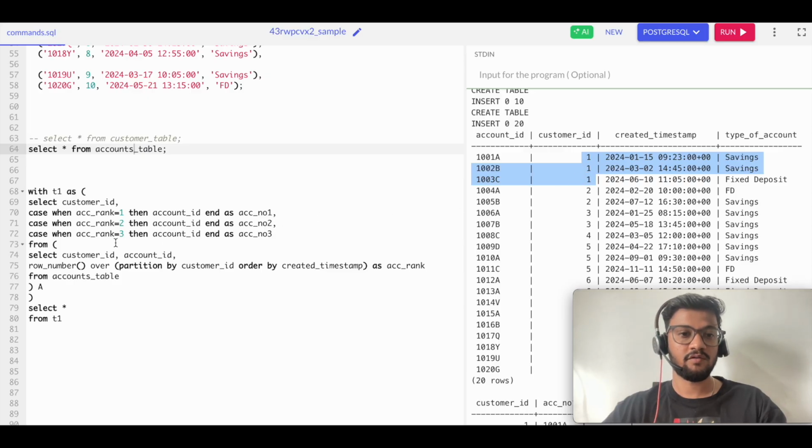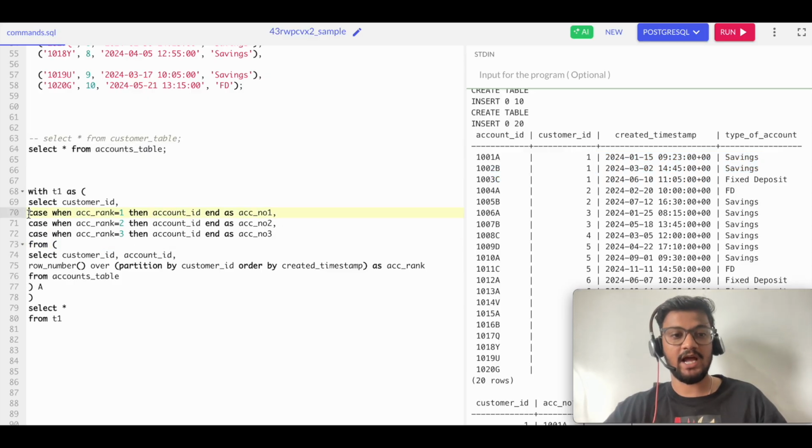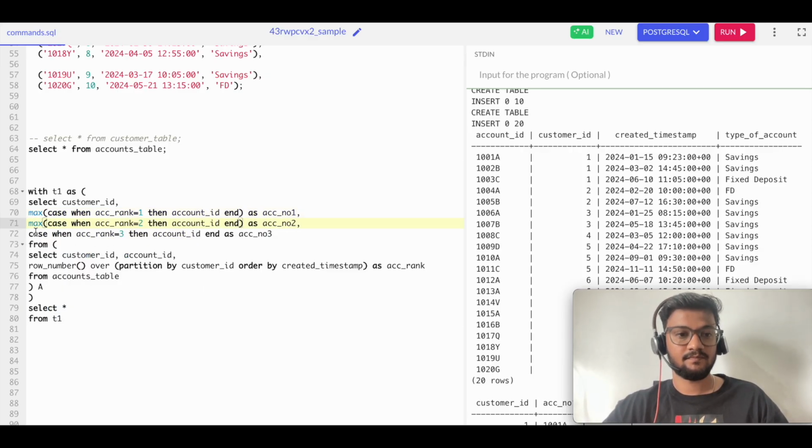Now in order to solve this, we will have to aggregate this statement. For that, we will use a max function. And when we use a max function, we will have to group it on the customer ID.